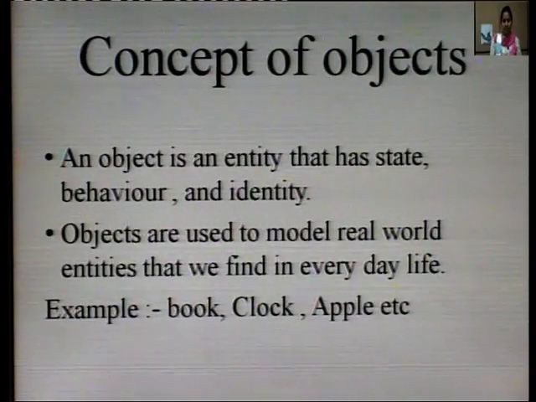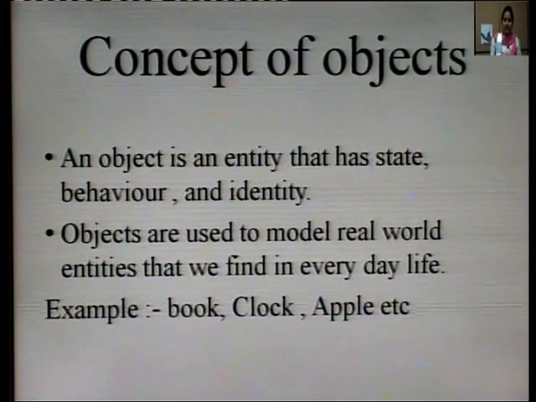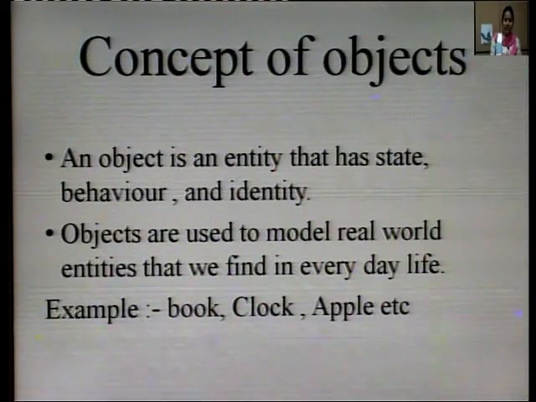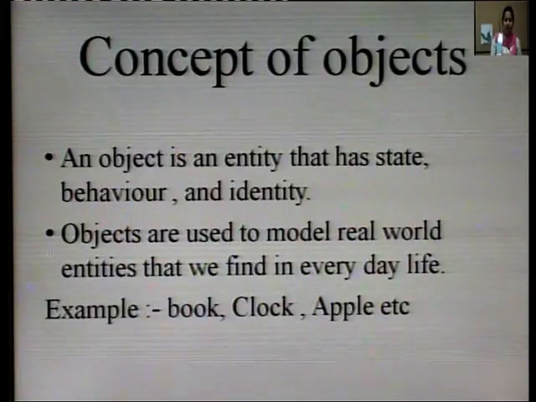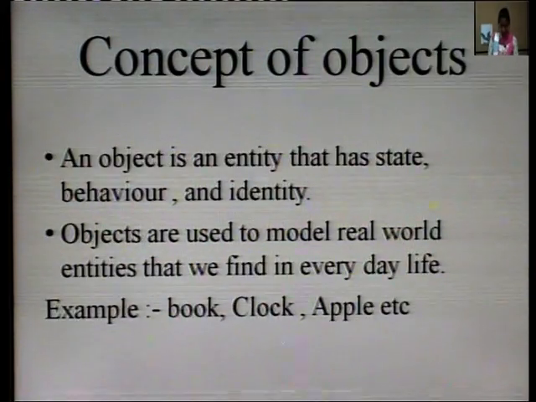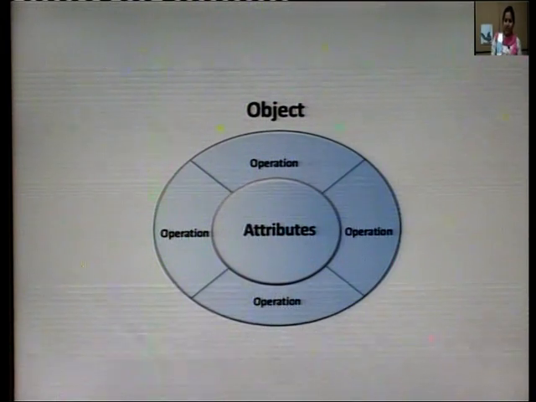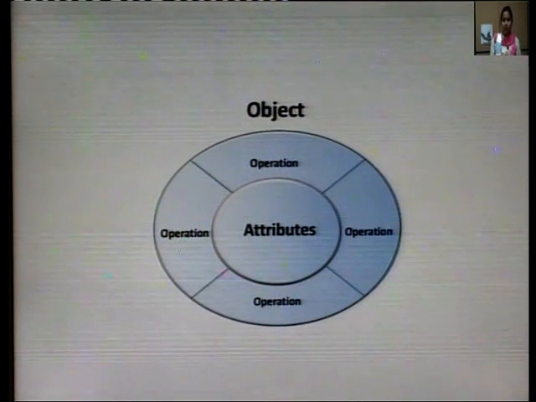Mother plays her own role, child plays her own role. So there are different roles and different identities provided to each of the family members. So let us start. What is an object? An object contains attributes and their operations.